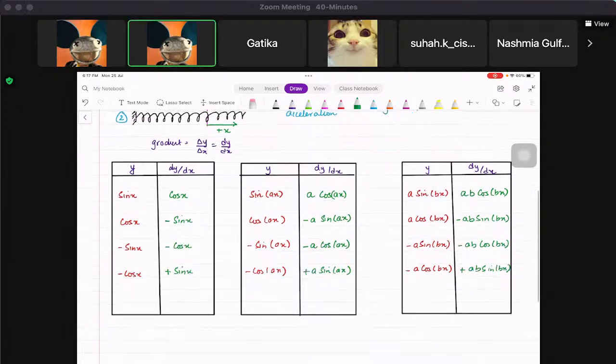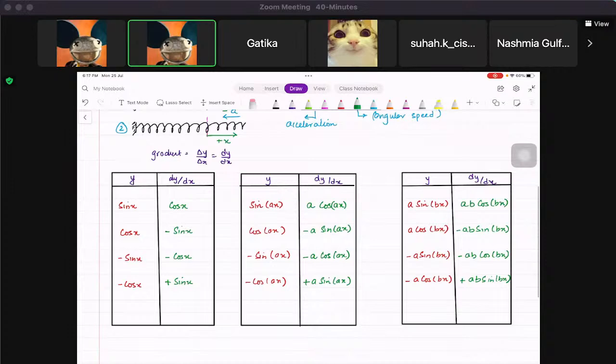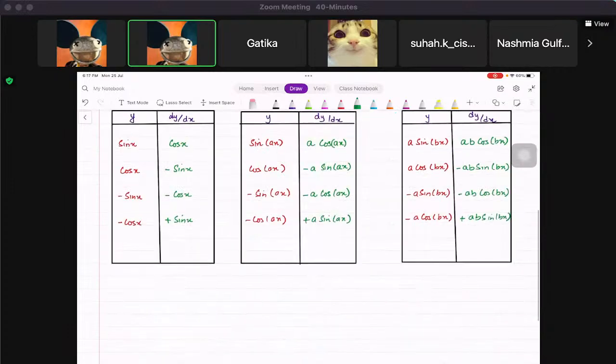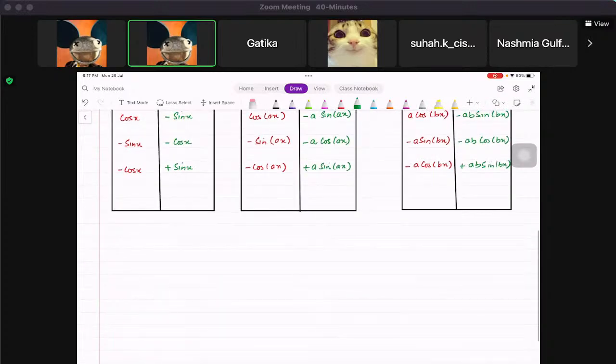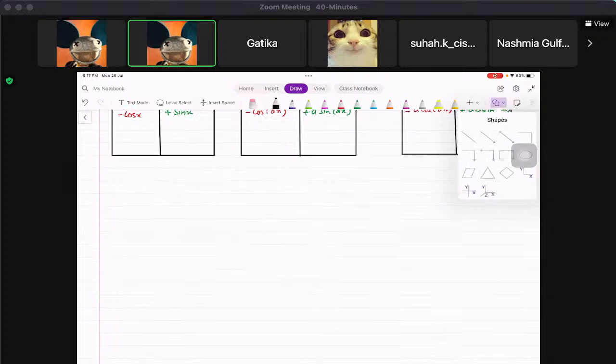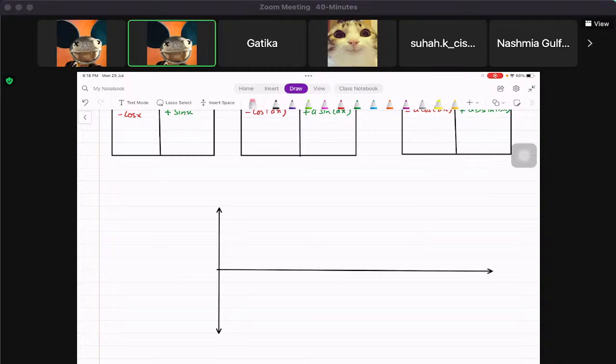Now, when I'm talking about simple harmonic motion, it's very important to understand, and this is something I would like to show you. Let's suppose they say there is some harmonic motion that has an equation of the displacement, x equals x naught.